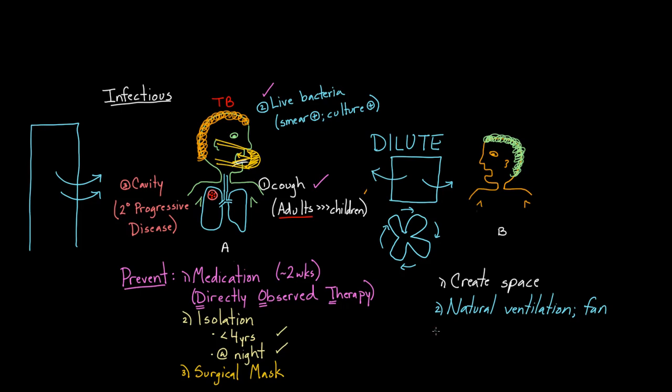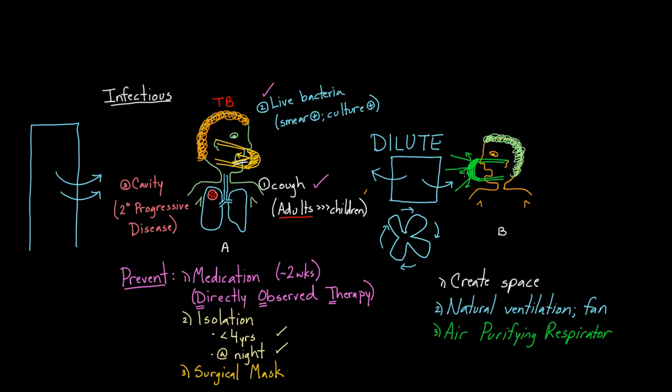Another thing you can do is actually put on an air purifying respirator. An air purifying respirator is actually a little bit different than the surgical mask. This one is actually going to keep out very tiny particles. Unlike the surgical mask, which gets the large things and spit and large particles, this one is going to capture very tiny particles, and it's not going to allow them into your breathing area, your airway.